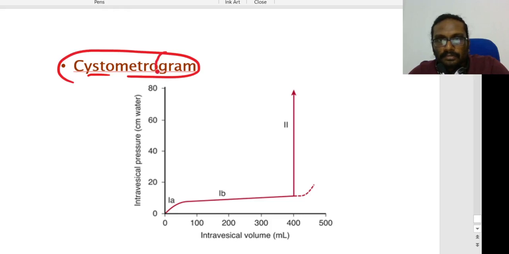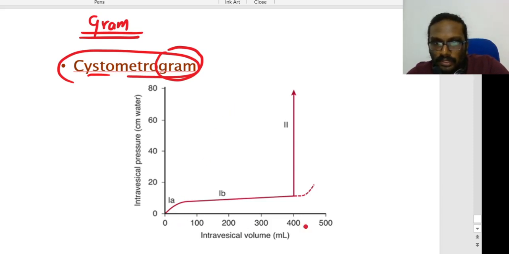The gram means recording, as in all grams. So we have the cystometrogram. In this cystometrogram we have an x-axis and a y-axis, like all graphs.